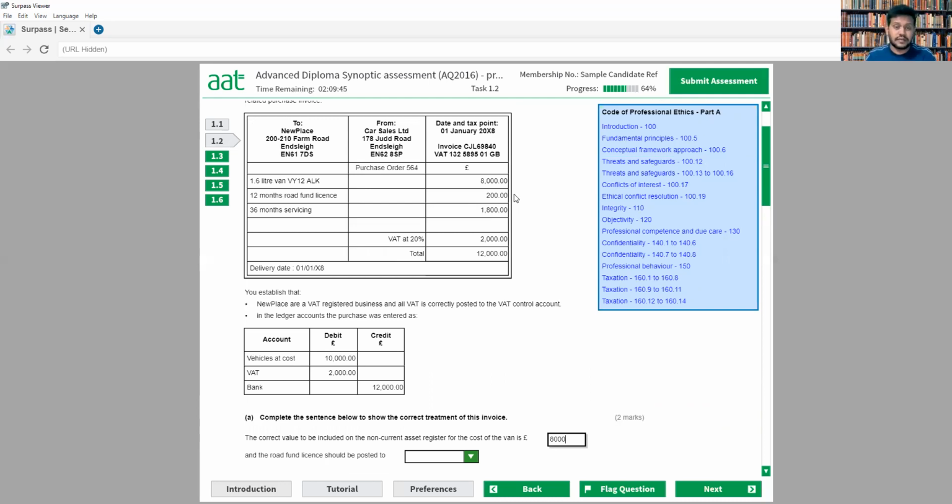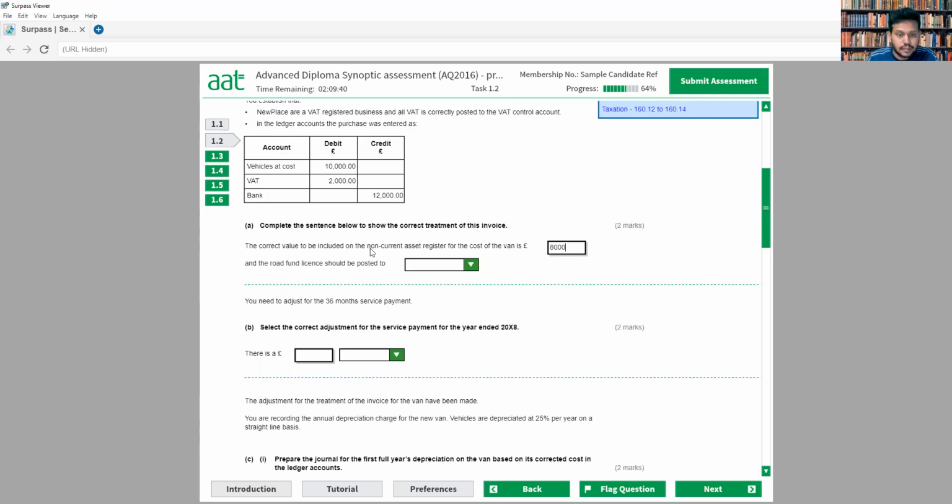So this is not part of the van. So the van's actual cost is 8,000. So this one I'm going to record on the non-current asset register. Then the road fund license should be posted to expense, because anything that is not capitalized, that is not going to the balance sheet, will be treated on the P&L account as an operating expense.